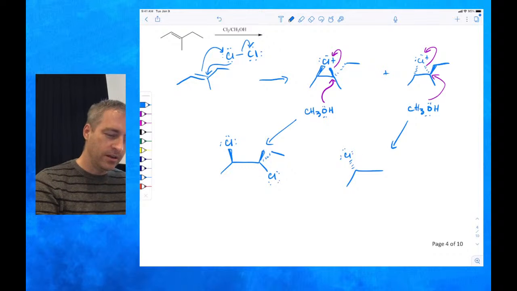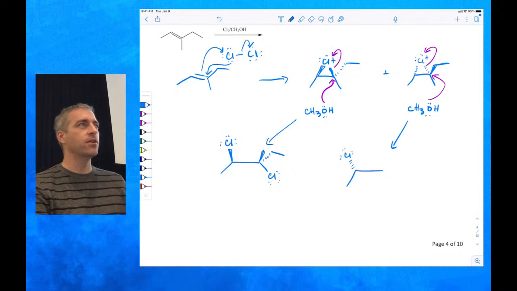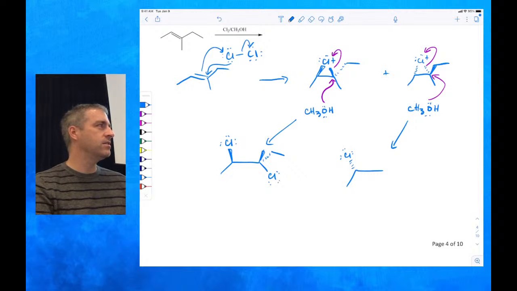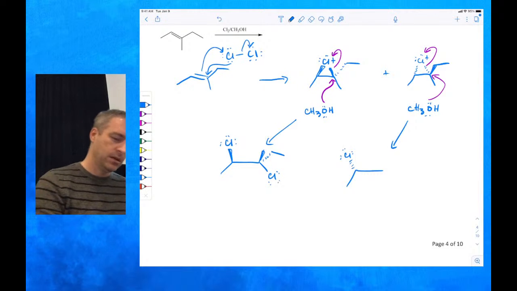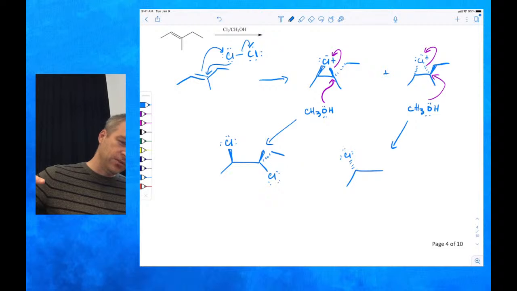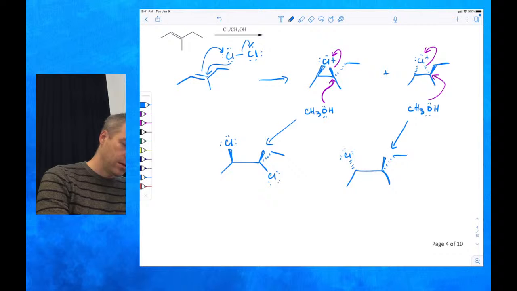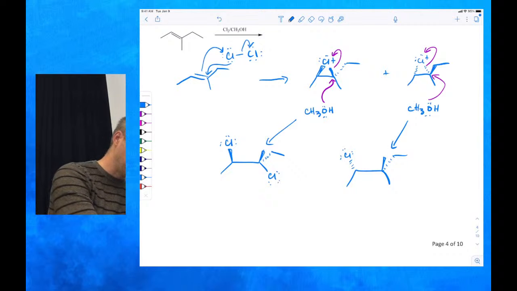this gets a little tricky. Seeing the stereochemistry sometimes on these ones, it's a lot easier to see if you're on a ring. But what's going to happen is it's going to cause an inversion of stereochemistry. So if you draw that there, look at me drawing chloride there. It's not chloride.